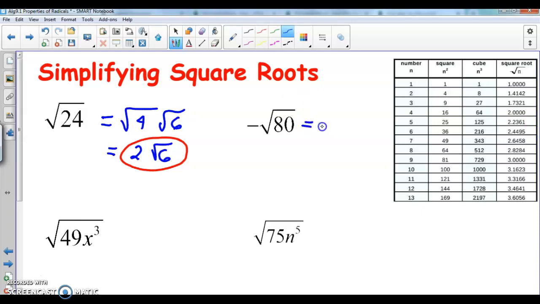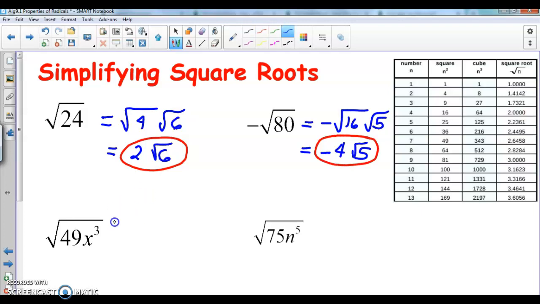So 80 can be simplified into 16 times 5. Or you can also go for 4 times 20 and then break it down further. Okay, so we have negative 16, square root of 16 is 4, and then 5 stays inside the radical sign. So that's the final answer. So be careful when you have a negative sign.